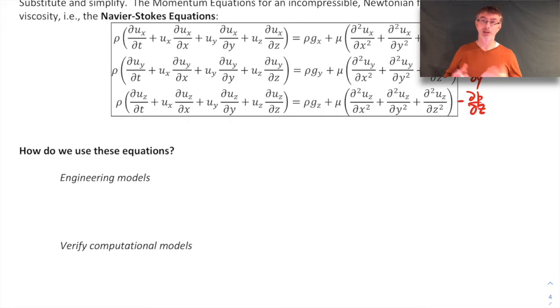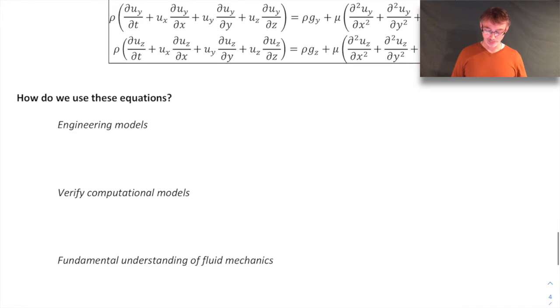And certainly if you have a very powerful computer, you can get better and better approximations to the real equations. So that's what computational fluid dynamics really comes down to, is trying to solve these equations with the continuity equation numerically. And I've shown them here just for incompressible flows, but you can do the same idea for compressible flows as well. So how do we use these equations?